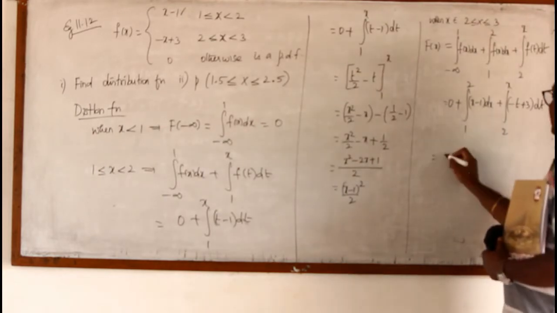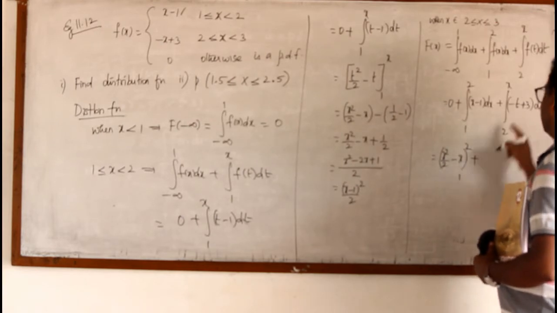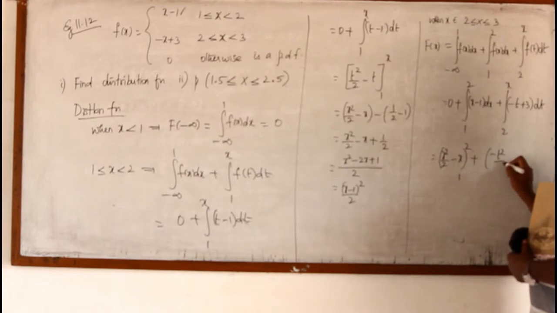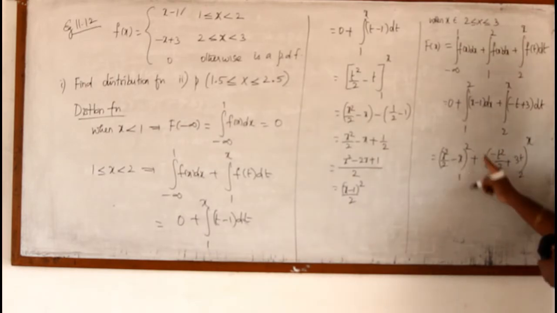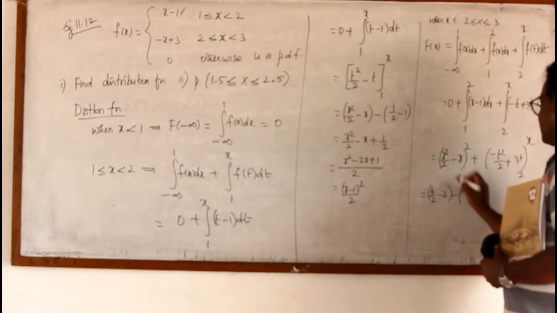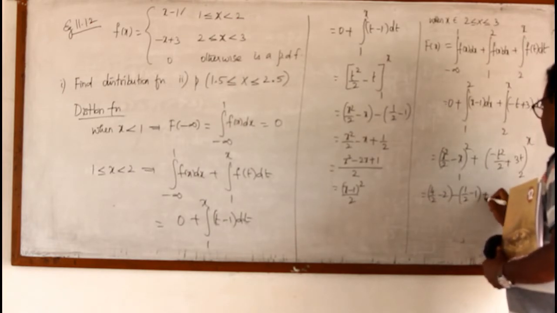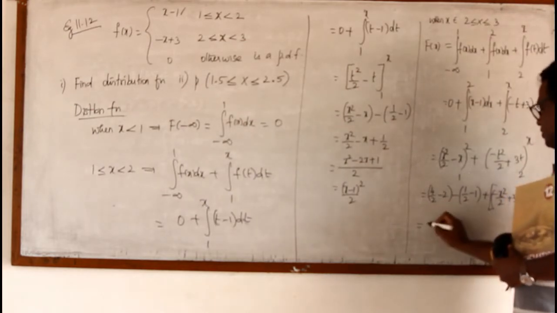Now, integrating this, it is x square by 2 minus x, with limits 1 to 2, and here it is minus t square by 2 plus 3t, with limits 2 to x. Here I apply the upper limit: 4 by 2 minus 2 minus 1 by 2 minus 1. This gets over. Here, minus x square by 2 plus 3x, minus, when I apply the lower limit, minus 4 by 2 plus 3 twos are 6. 4 minus 4 becomes 0.